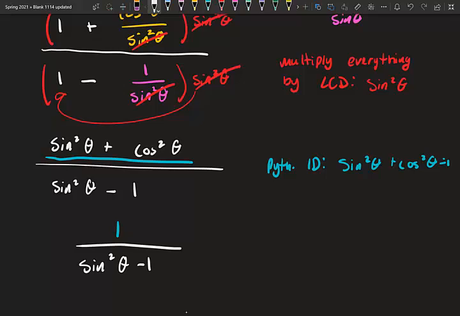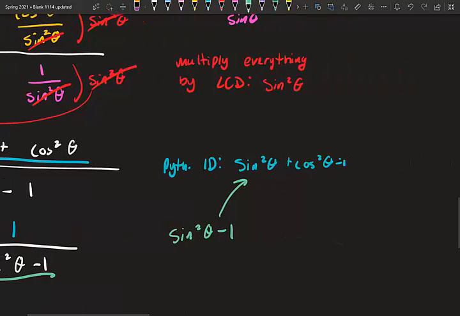Now, it doesn't want fractions, so we know we're not done yet. Let's see if there's anything more we can simplify. This is where equivalent forms come in. So sine squared theta minus 1 comes from our Pythagorean identity. How does it come from our Pythagorean identity? Well, all we do is subtract 1.